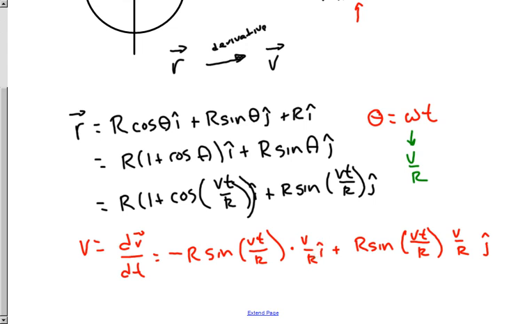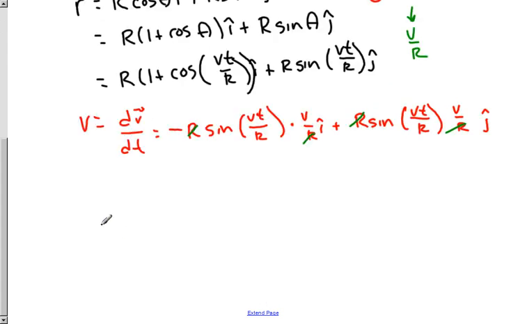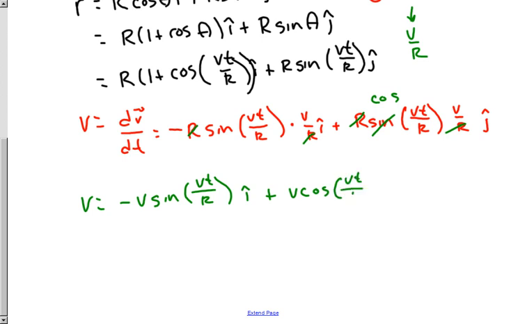Now we see that our r's cancel out here and here, and here and here, and so we're left with this as our velocity function. Velocity is equal to, let's put the v out front, negative v times the sine of vt over r in the i hat direction, plus positive v times the cosine of vt over r in the j hat direction.